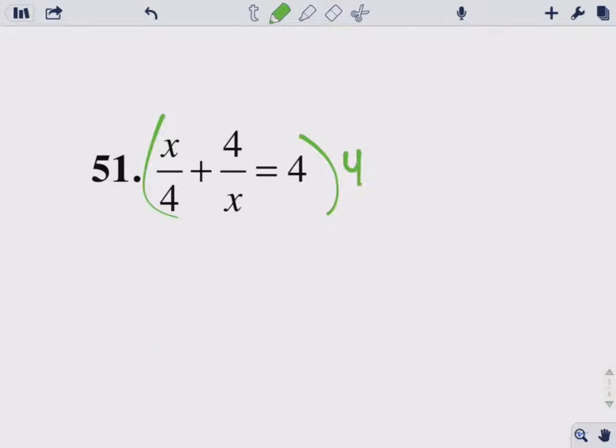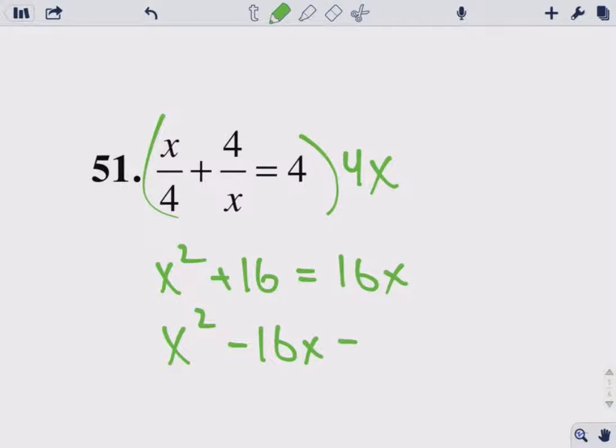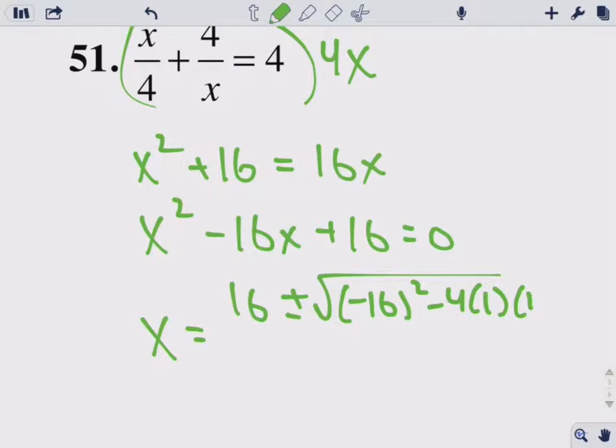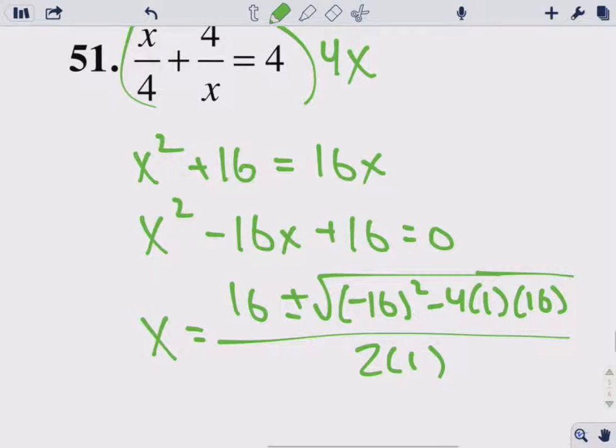Multiply by 4x. So you get x squared plus 16 equals 16x. Bringing everything over, see if we can factor. We indeed cannot factor, so we'll use the quadratic formula. That's 16 plus or minus the square root of negative 16 squared minus 4 times 1 times 16, all over 2 times 1.